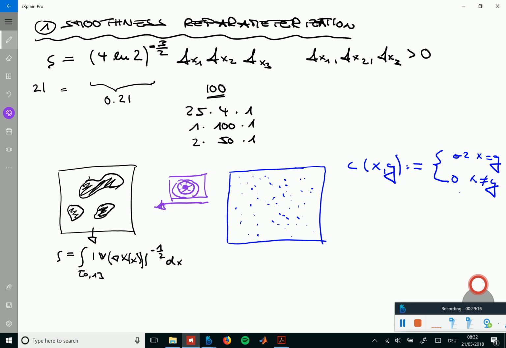So you smooth something that is fairly non-smooth, and the idea is that you can recreate a realization of a field that has the same smoothness as the original field.